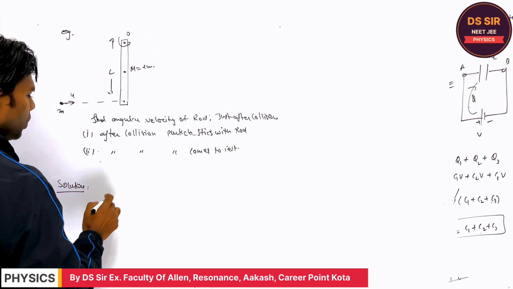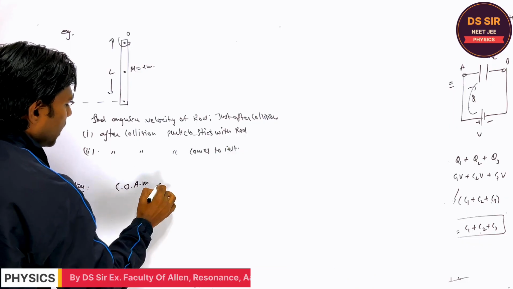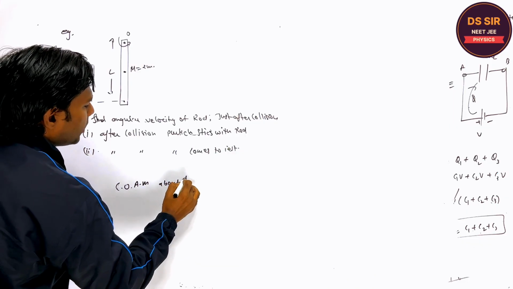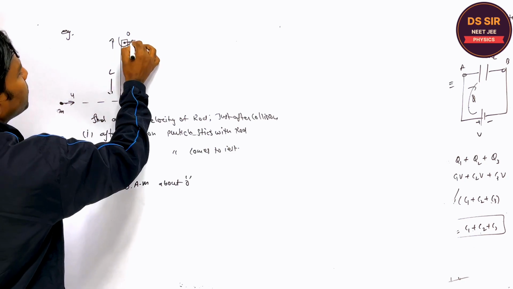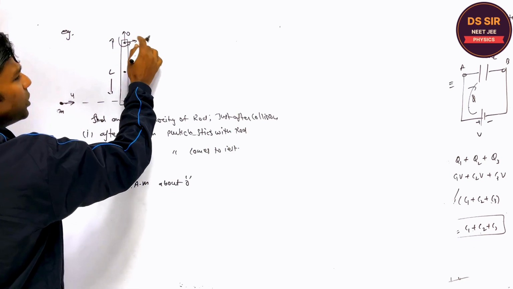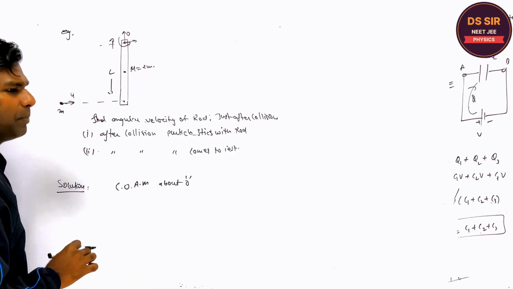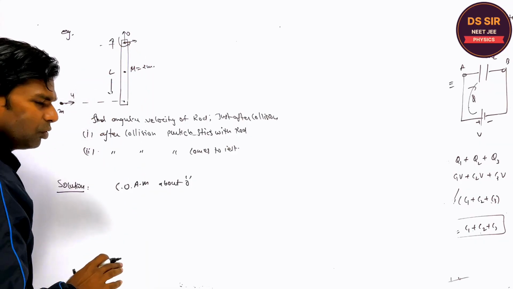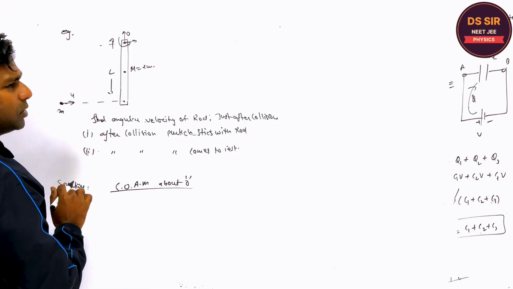Suppose this is the point O. Apply conservation of angular momentum about O. Why about O? Because when it hits, the impulse is imparted at this point only. So if you take the angular momentum about this point, the net impulsive torque about it will be 0, and therefore we can conserve the angular momentum about this point.